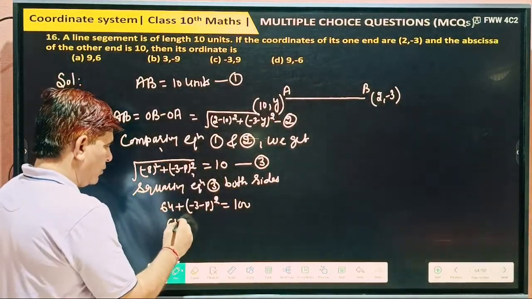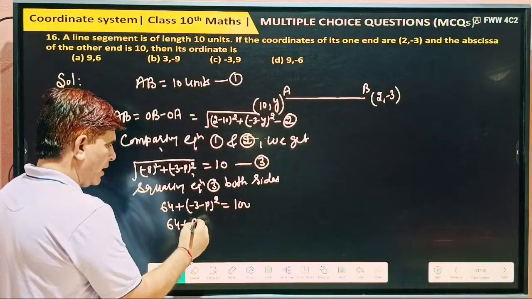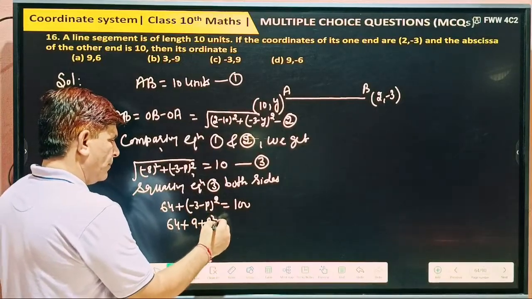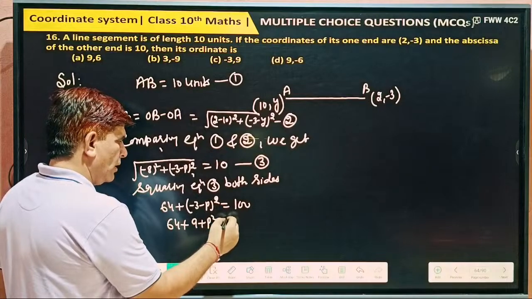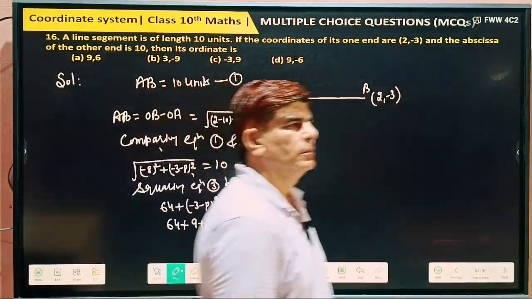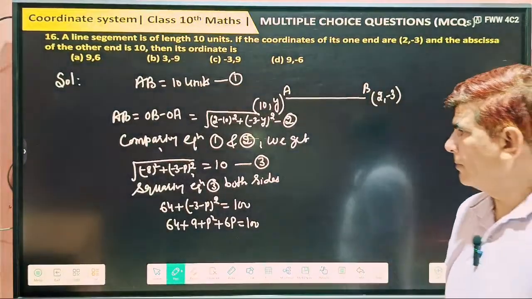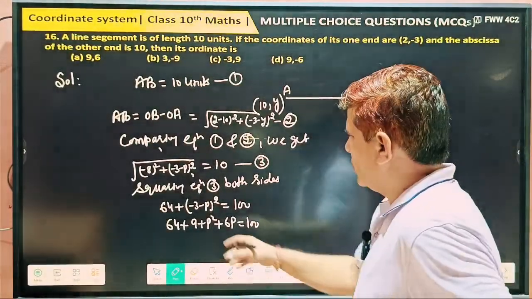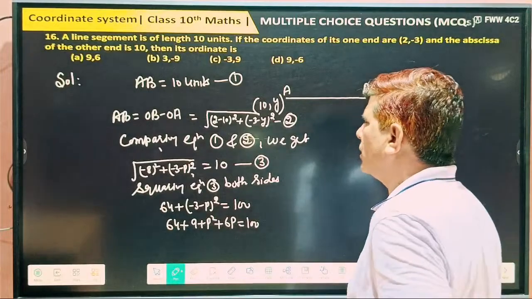So 64 plus 3 square 9 plus p square plus 6p equal to 100. Same question repeating but statement changing. So how much is this? 73.